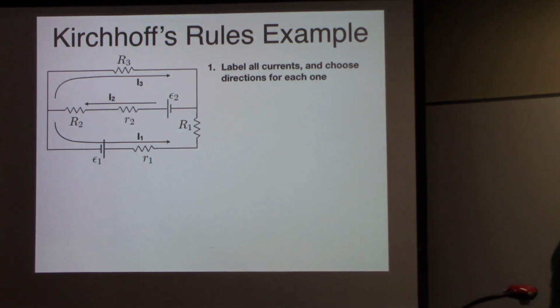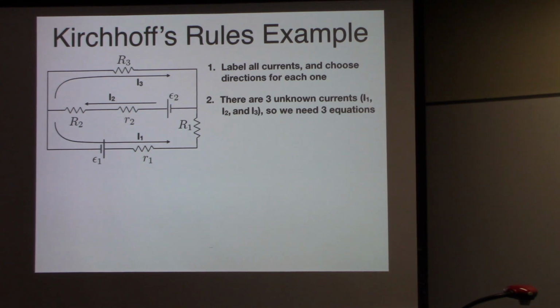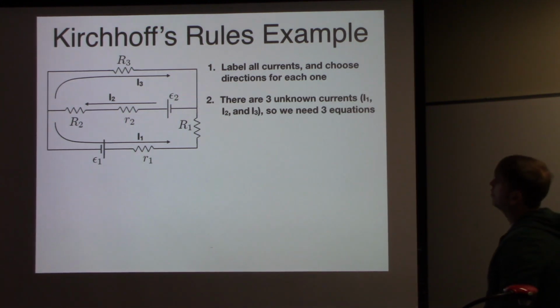So three different currents. What do we need? Three different independent equations to solve for the currents. We've labeled the currents and established that there are three, which means we need three independent equations.